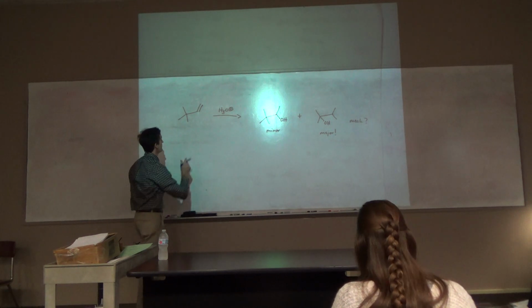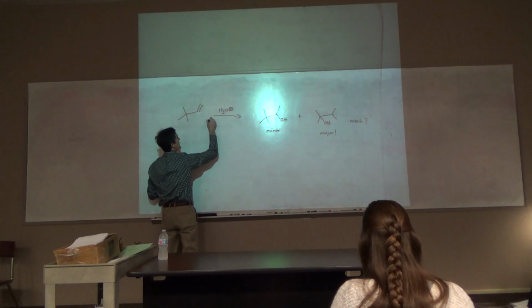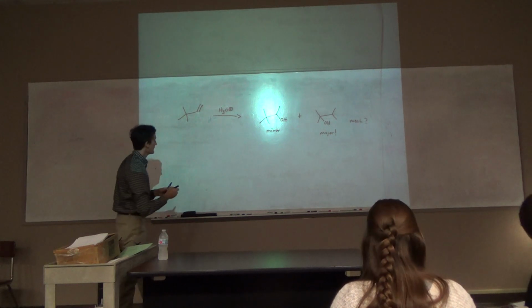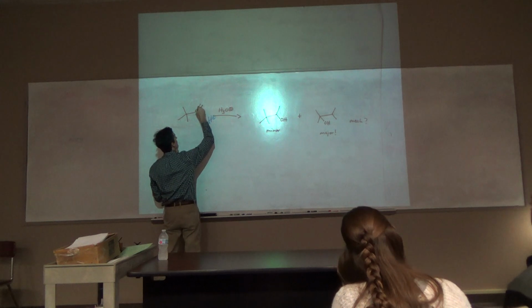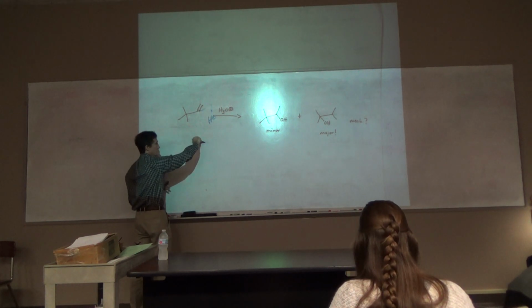Let's see what's going on here. The first step is no different than any other reaction. The alkene attacks H+. And so we're going to attack here. This bond hinges out and attacks.